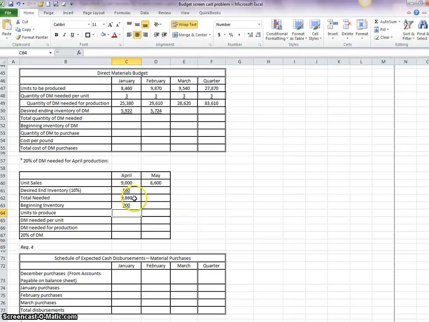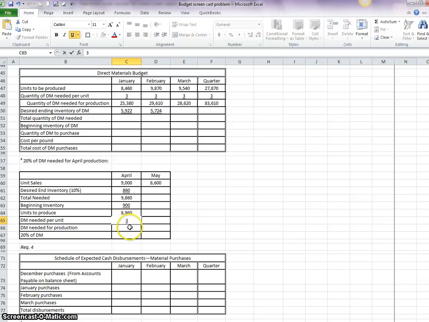So this is what we need minus what we have in beginning inventory. So 980 minus 900. We need to produce 8,960 units.